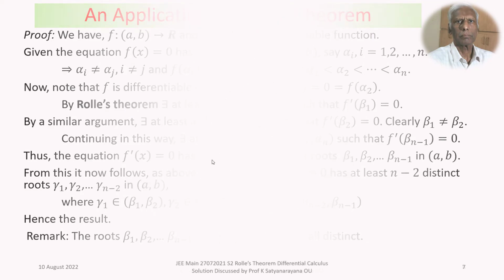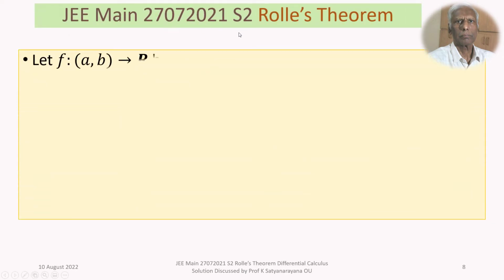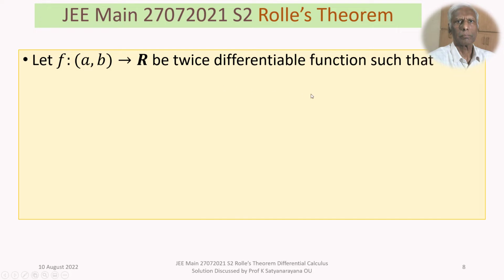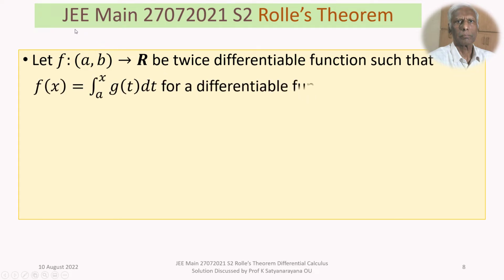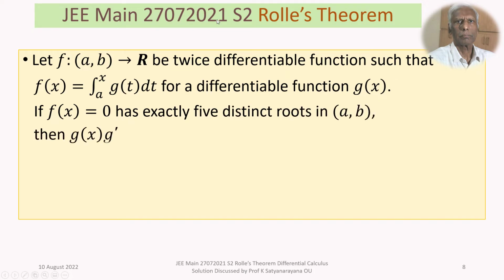I will tell you where we have used that result, in this problem. This problem appeared in the JEE Main exam held on 27th July 2021 in the second shift.